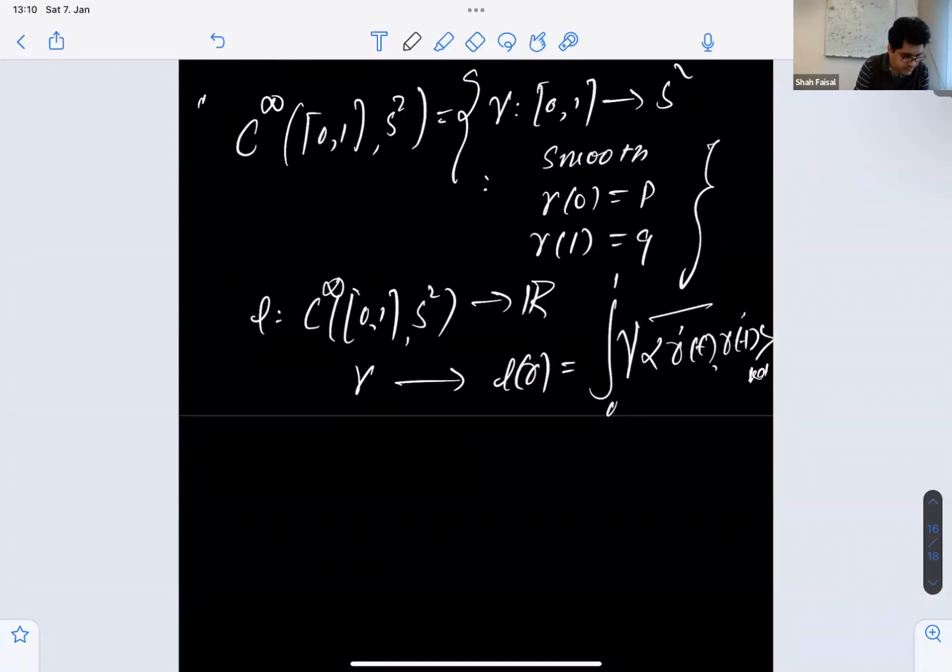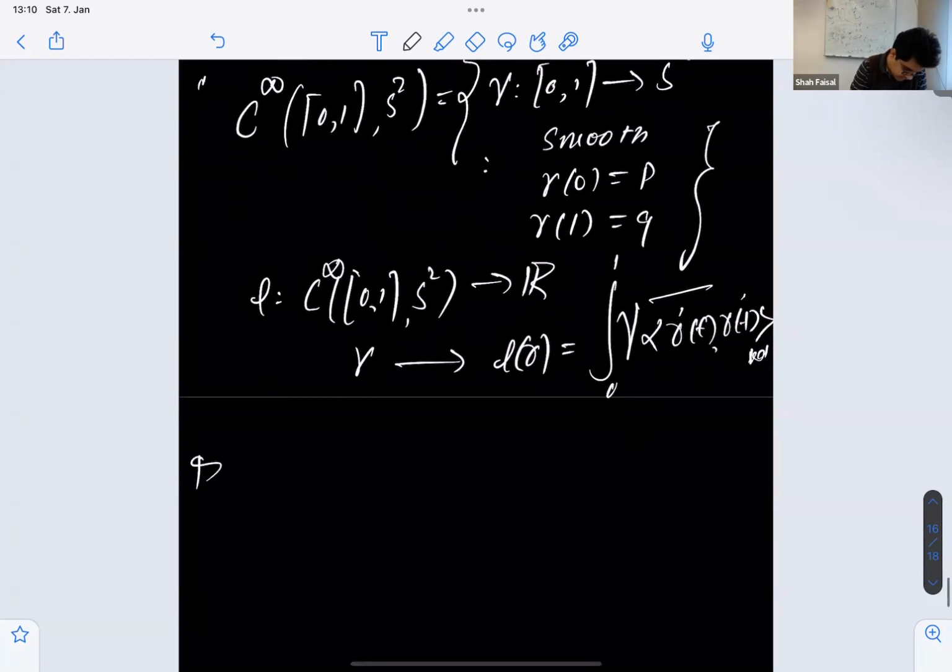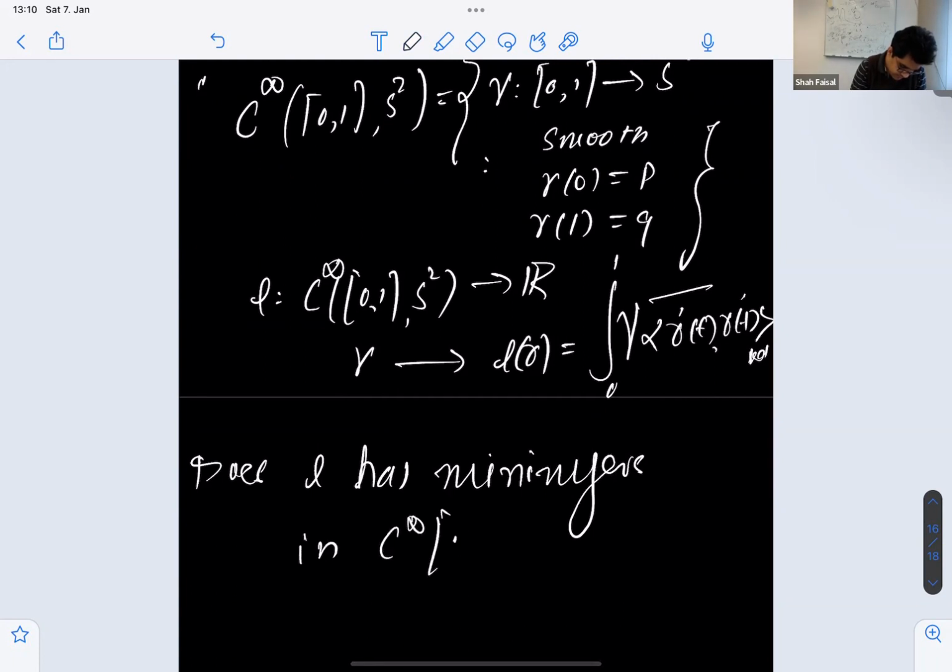Now, the paths of minimum length are basically the critical points, or the minimizers, of this functional. So the question is, does L have minimizers in the space above?